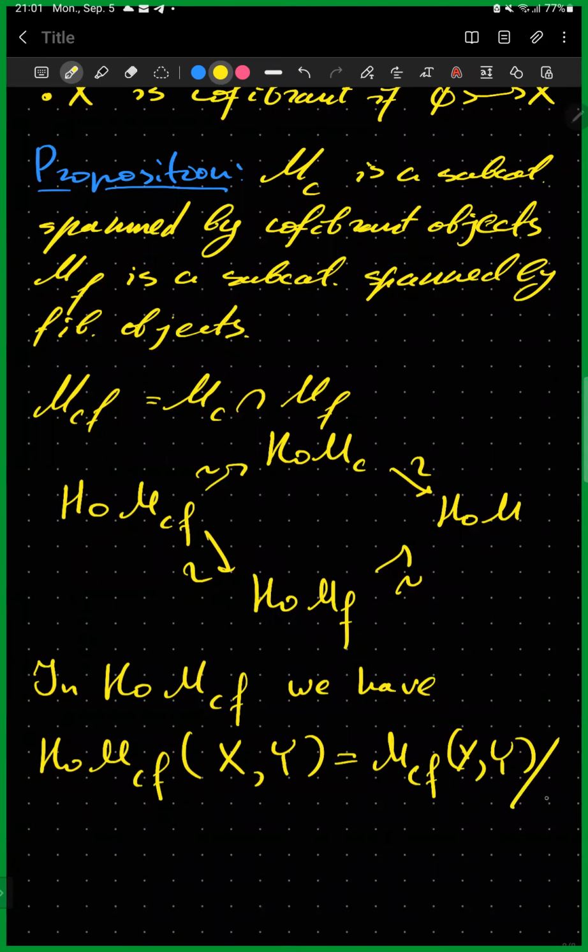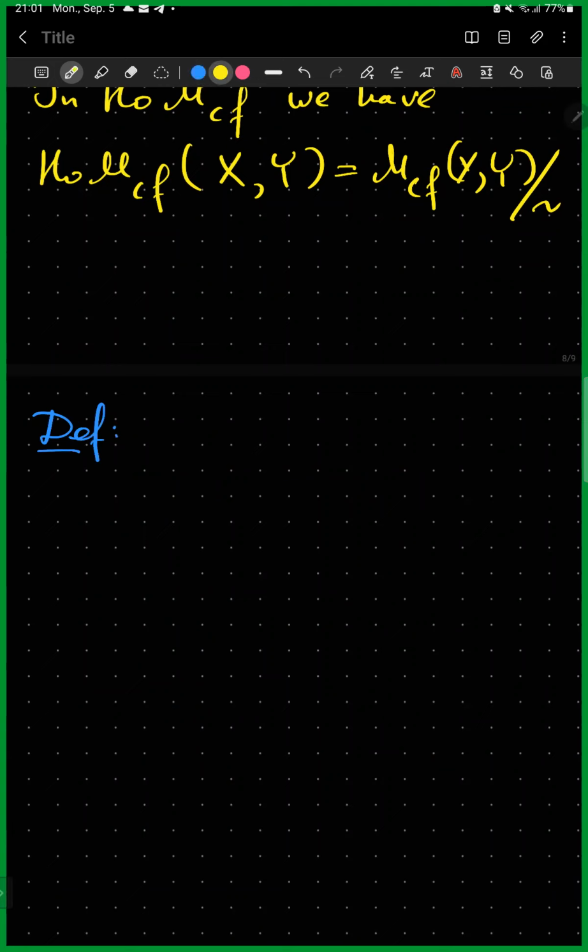So let me define this equivalence relation. So let f and g be two morphisms in the model category.